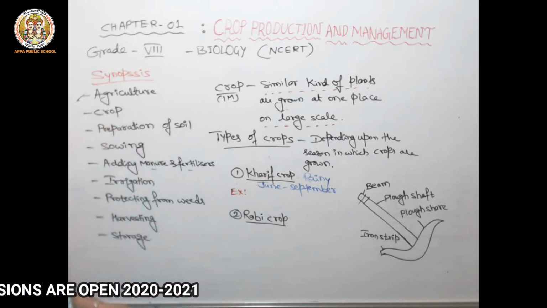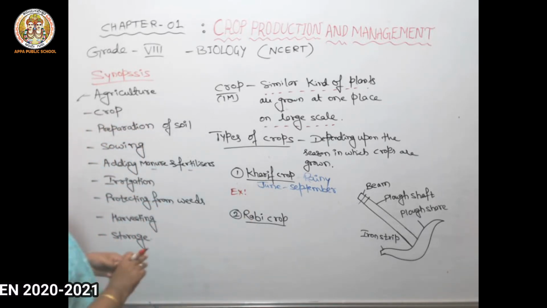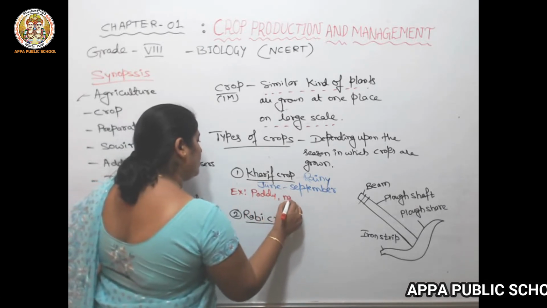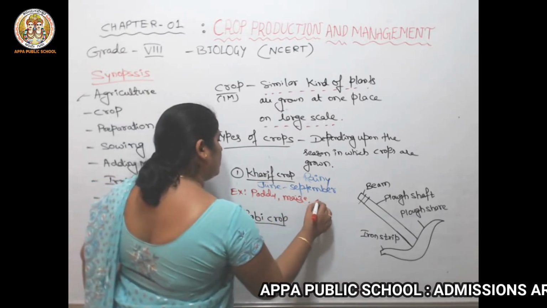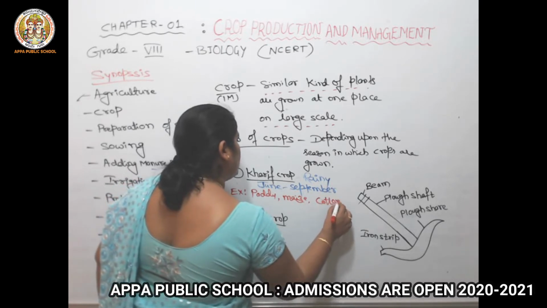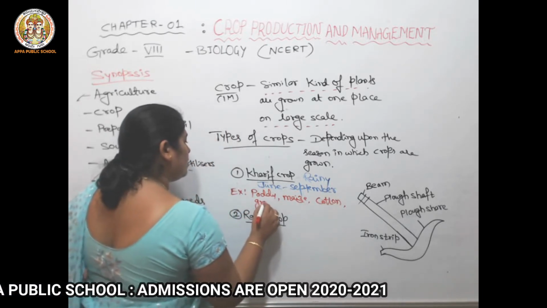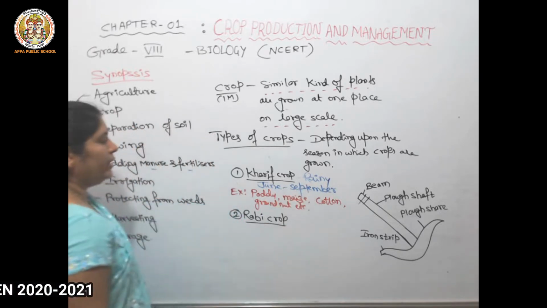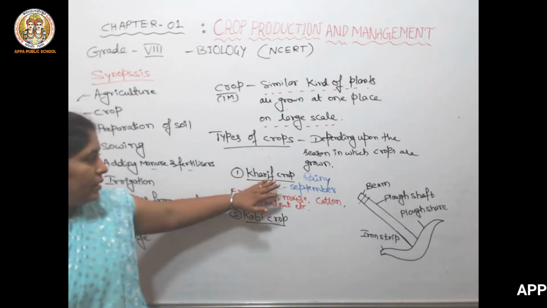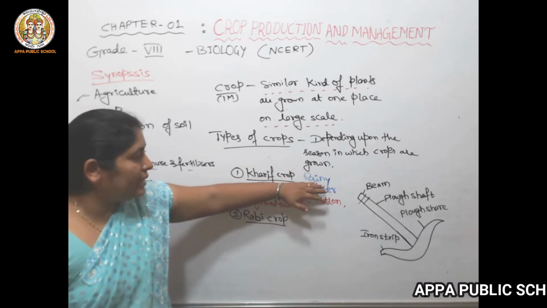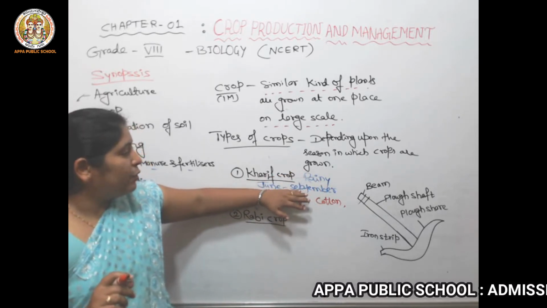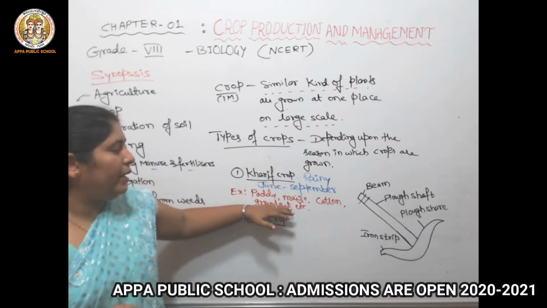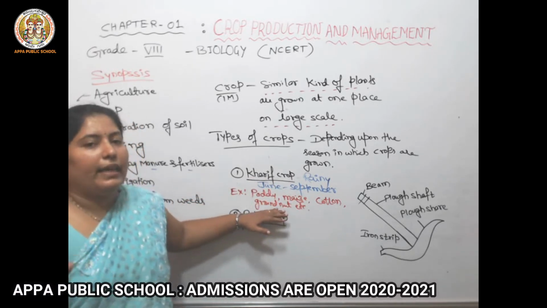Kharif crop examples are paddy, maize, cotton, groundnut, etc. So here the crops which are grown in the rainy season, that is during the month of June to September, are called kharif crops, and the examples are paddy, maize, cotton, groundnut, etc.